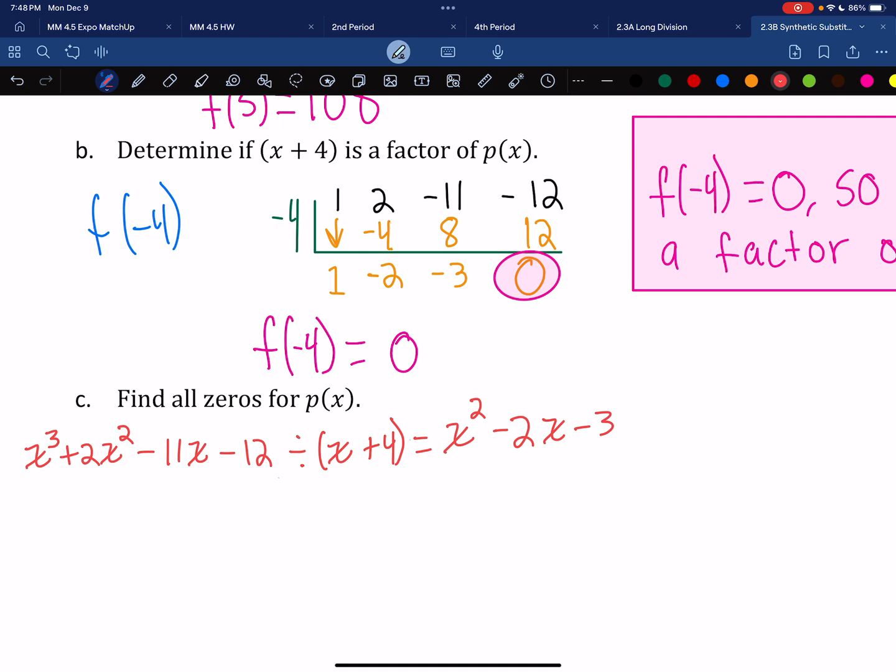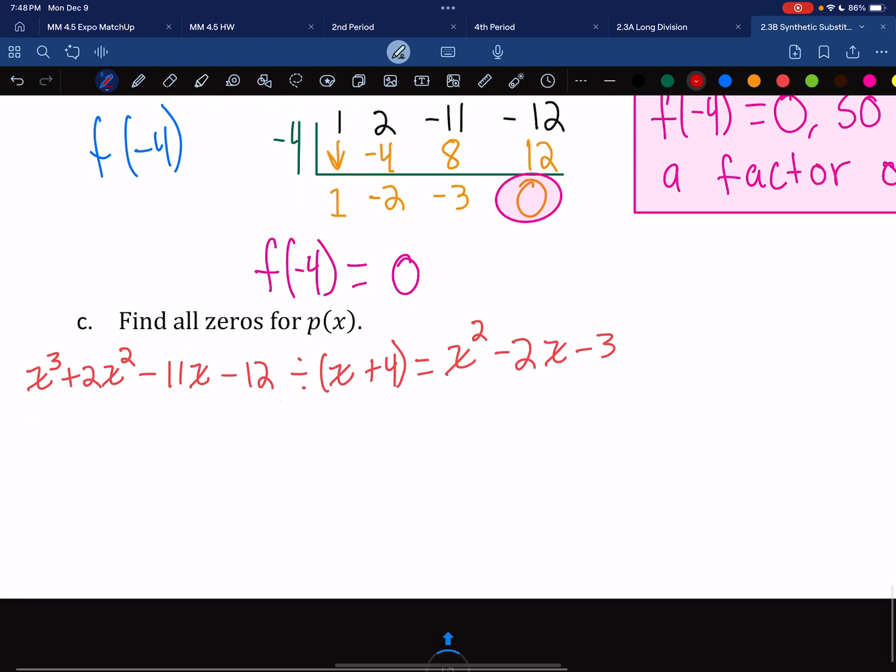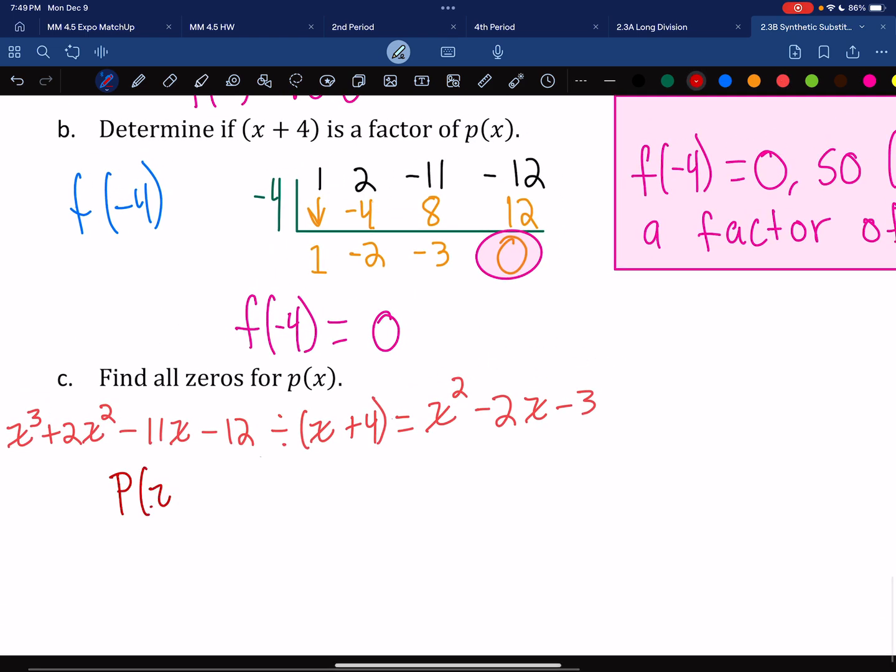So that means our equation p of x, and if at any point you get overwhelmed or you think you don't understand, pause the video, think about it for a little bit, or pause the video and go back and re-listen to it.